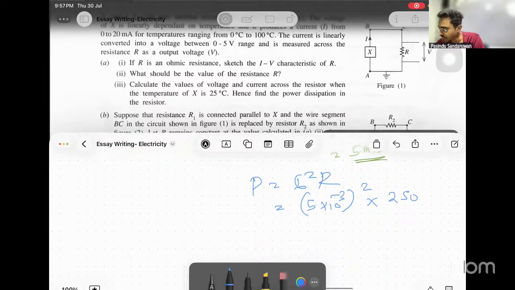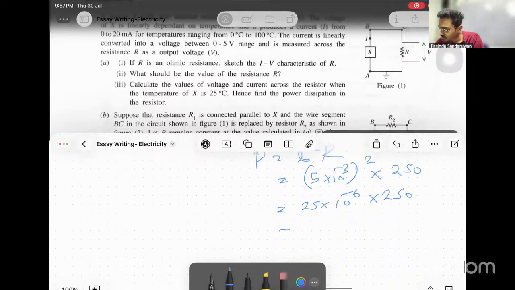Then 5 squared is 25, this is 10 to the power minus 6, times 250. 25 times 25 is 625, no? Then this is 625.